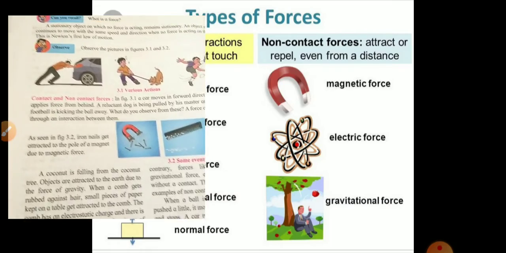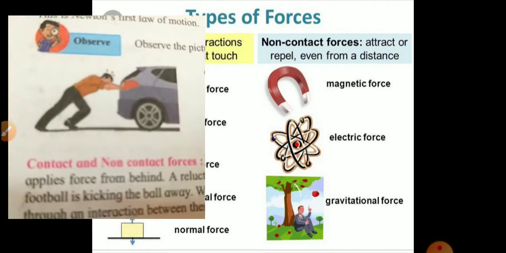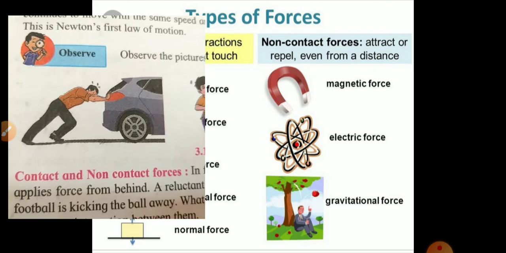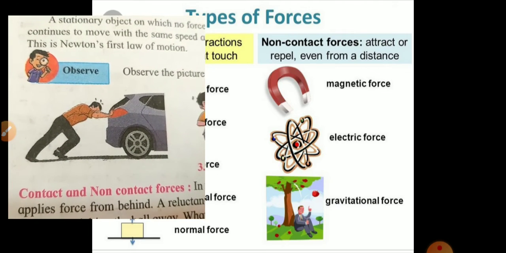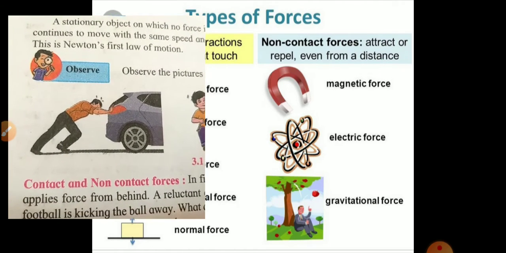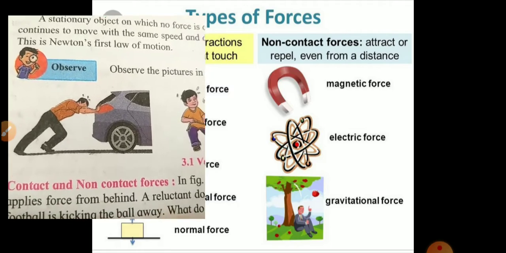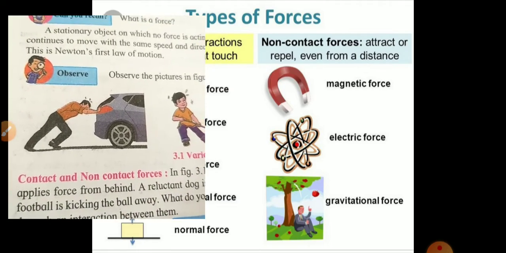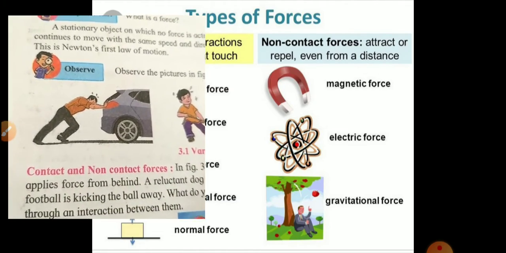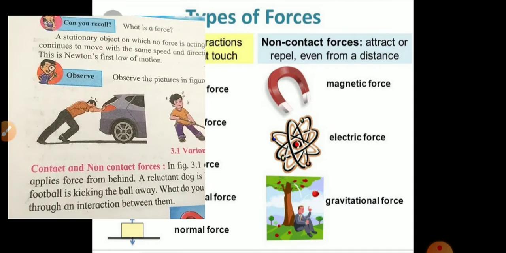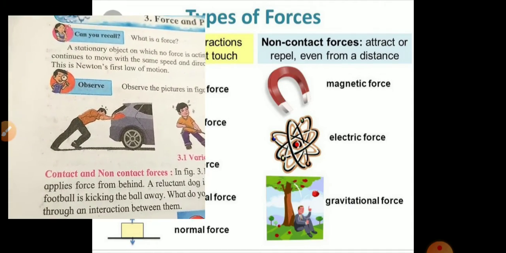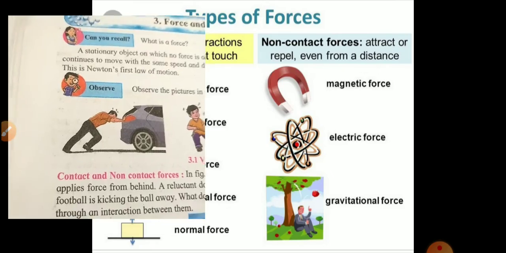See these pictures. This is the first picture. What is going on? A man is pushing a car. The man is applying his muscular force on the vehicle such that the vehicle moves forward.